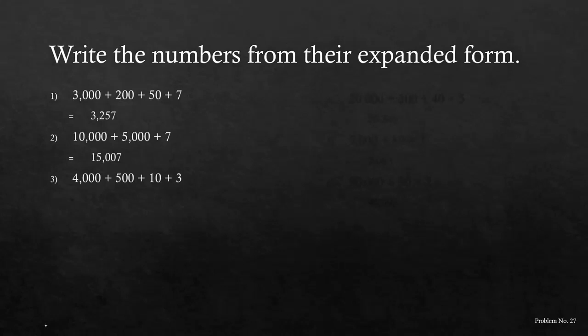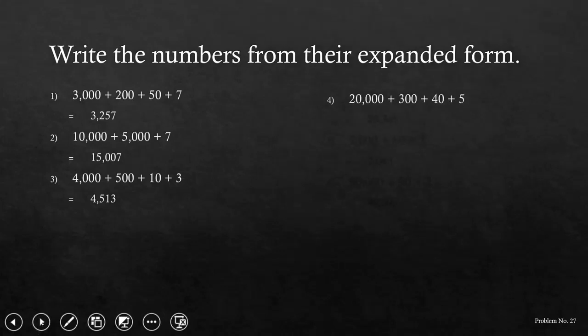At tens place there will be 1, and at units place there will be 3. So we can create the number as 4513, that is 4,513. We'll move ahead. Now fourth problem given is 20,000 plus 300 plus 40 plus 5.